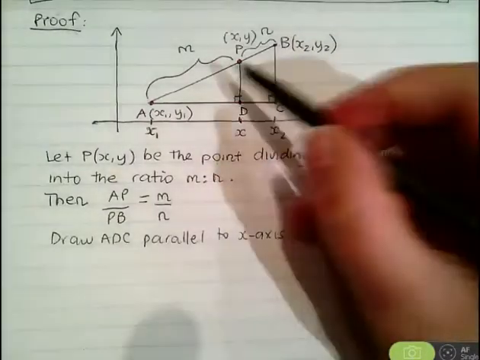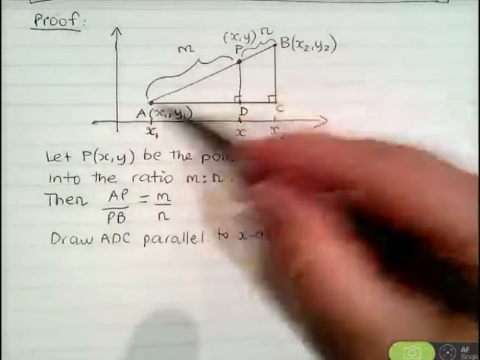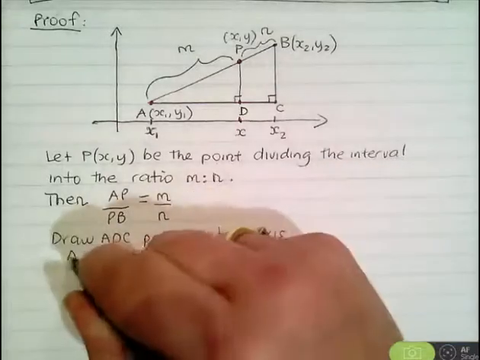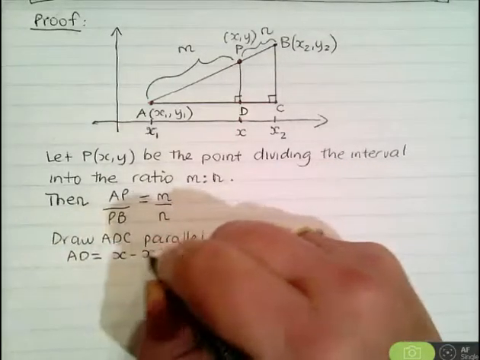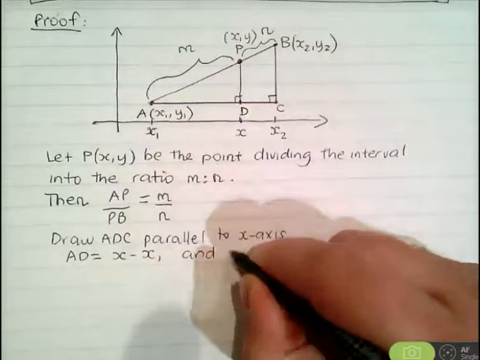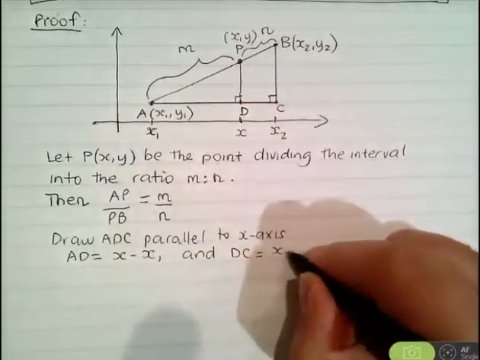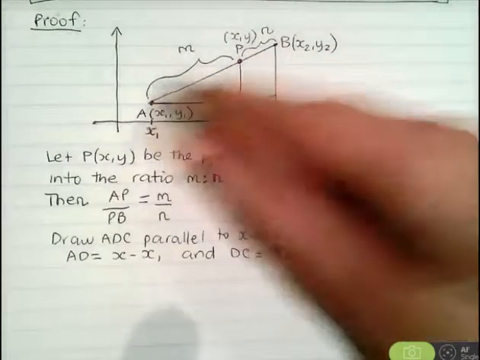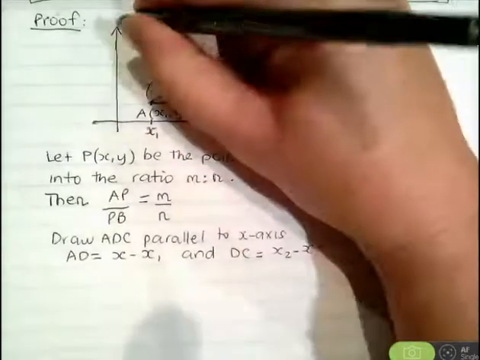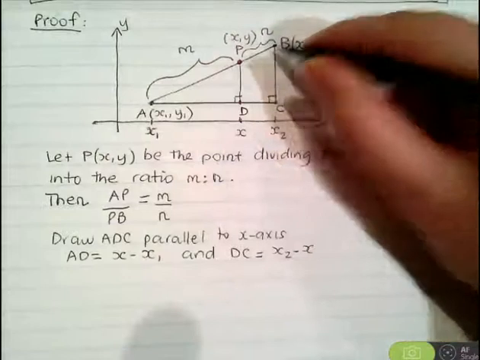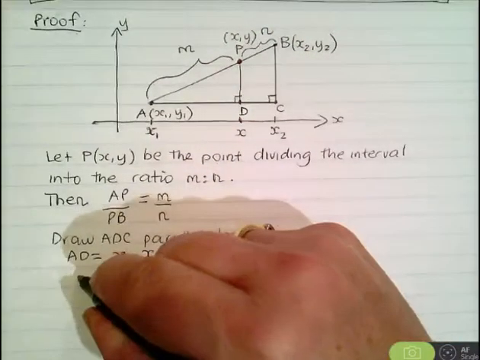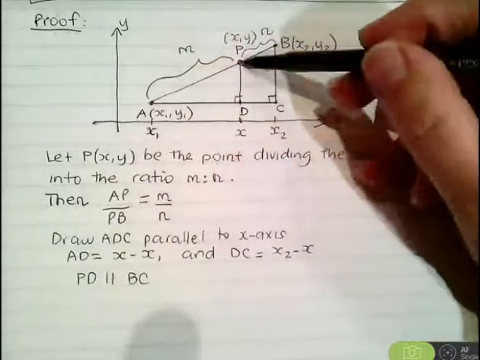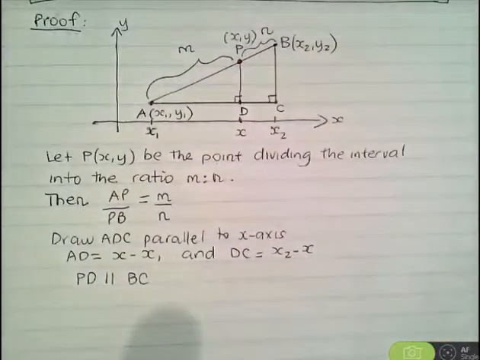So once we've drawn that up, and I've made two similar triangles here actually, then we can see that the length of AD is x minus x1, and the length of DC will be x2 minus x. Now, we also know, because ADC is parallel to the x-axis, and I've drawn two perpendicular lines up here, then we know that PD is parallel to BC, because this is a horizontal line and these are vertical lines drawn up, so we've got right angles here.